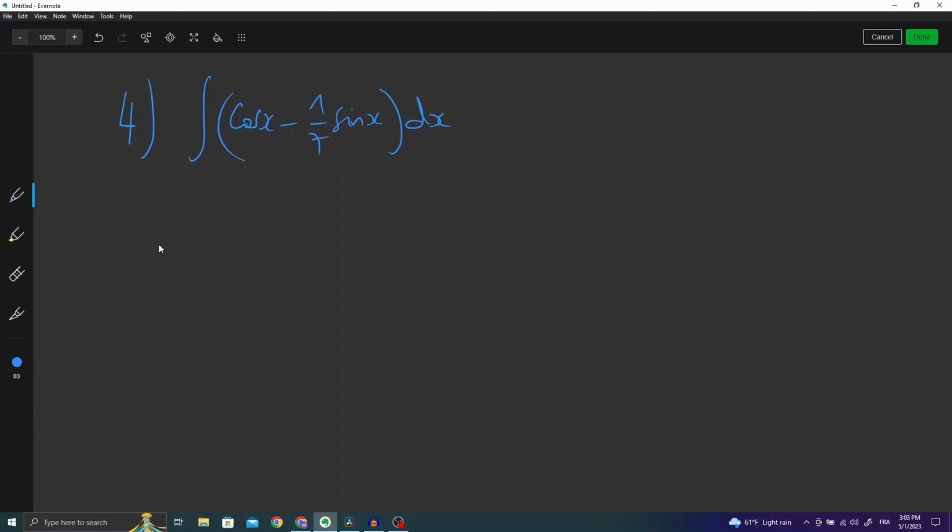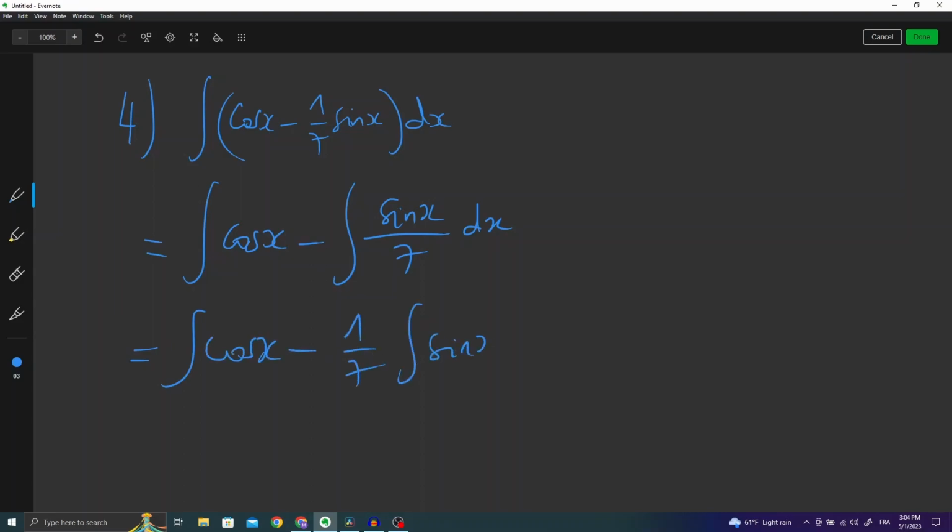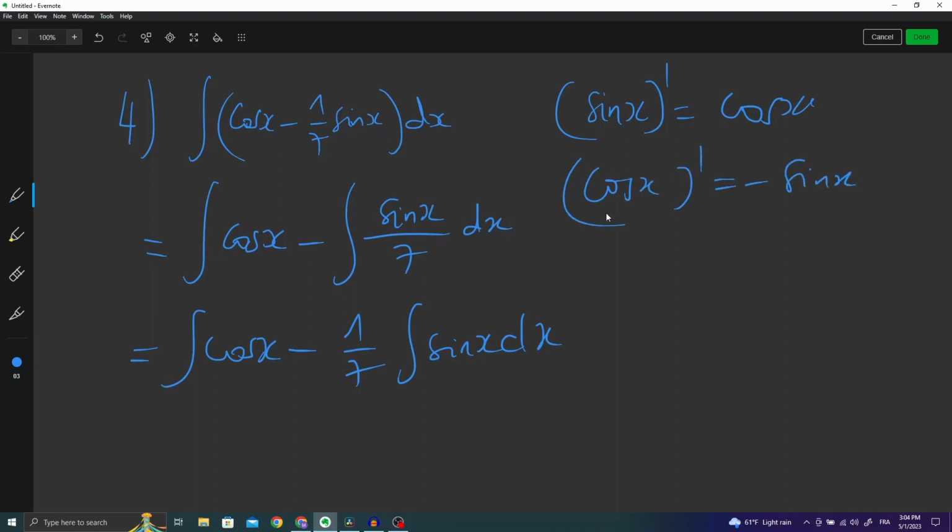The integral of cosine x minus 1 over 7 sine of x dx. We'll use the same thing, linearity: the integral of cosine of x minus the integral of sine of x over 7 dx. We have sine of x over 7, we can pull the 7 outside. Cosine of x minus 1 over 7 times the integral of sine of x dx. Remember, the derivative of sine of x is equal to cosine of x, and the derivative of cosine of x equals minus sine of x.